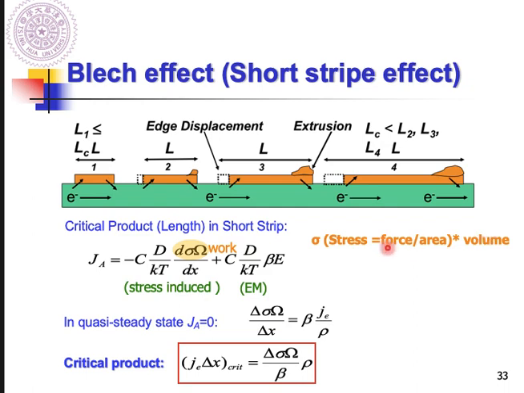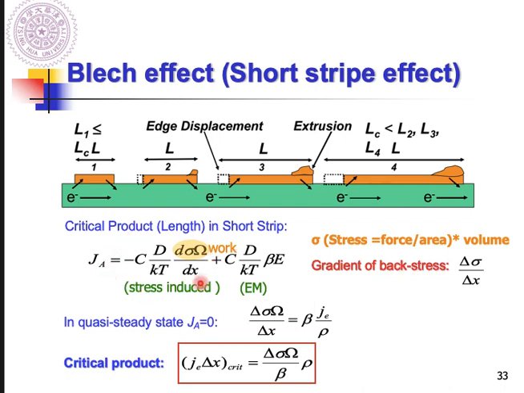Times the volume, you get force times distance, so it's the work. Then take the gradient with respect to the distance x, and you get the driving force. So if you take a look here, this is a stress gradient. Some people call it the gradient of back stress.